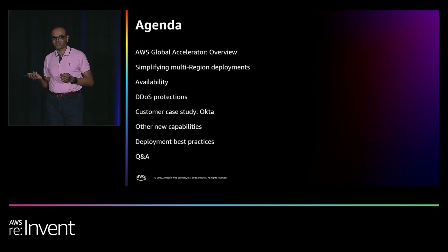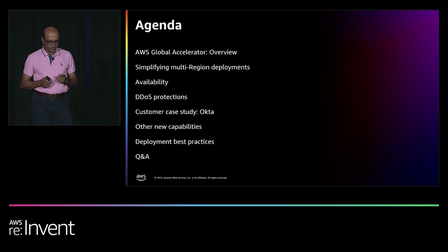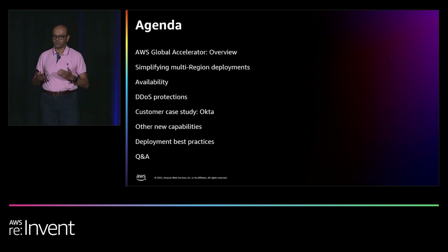But not everybody thinks about Global Accelerator as a DDoS protector. So we'll talk about some of the DDoS protection capabilities that you get with Global Accelerator. We'll talk about an exciting case study of Okta's journey with Global Accelerator, and then I'll wrap it up with some new capabilities that we've introduced this year and some deployment best practices. We should have some time for a live Q&A, so keep your questions ready.